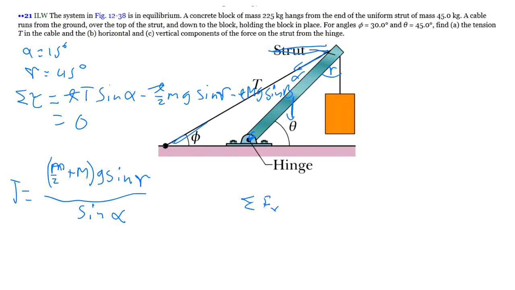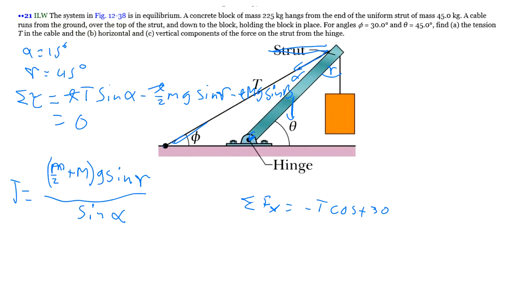So Fx is going to equal minus T cosine of minus 30. And that's going to be the same as T cosine 30 because the cosine is positive in the fourth quadrant.